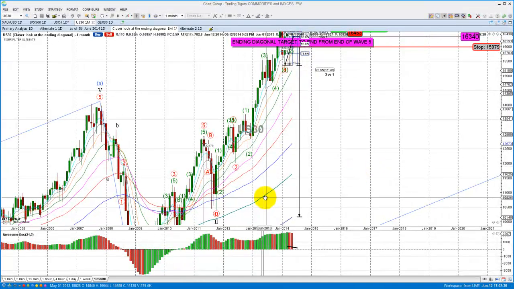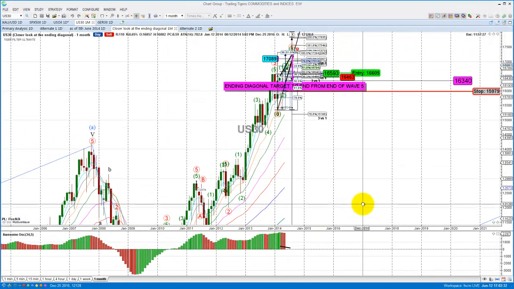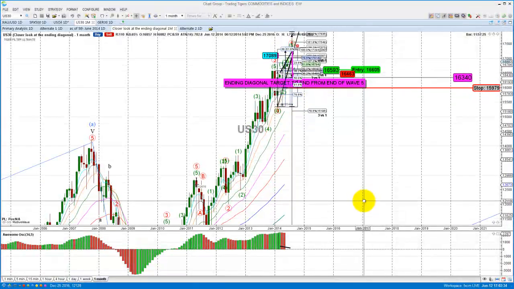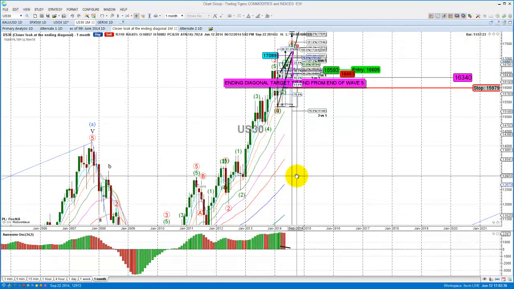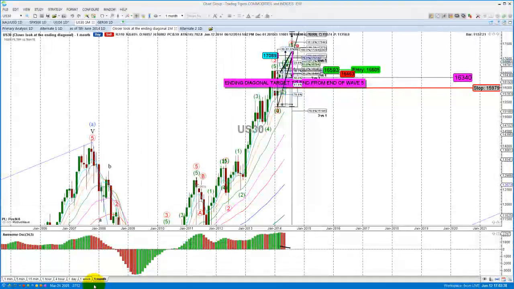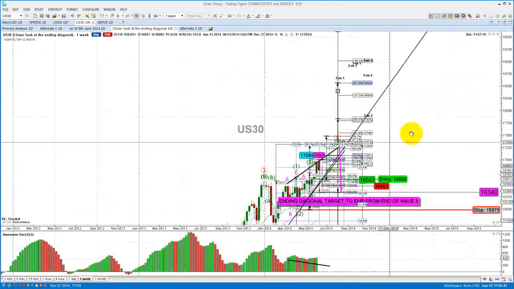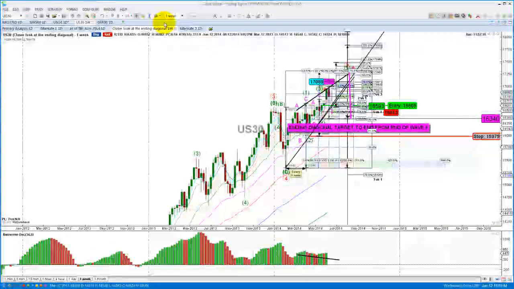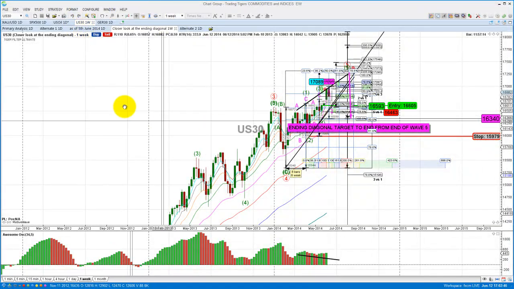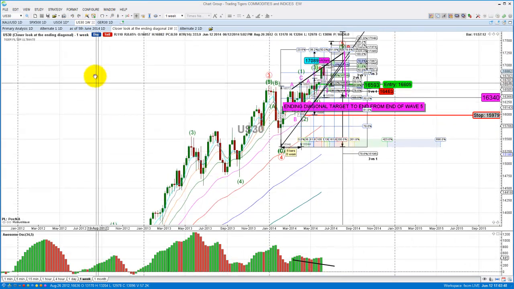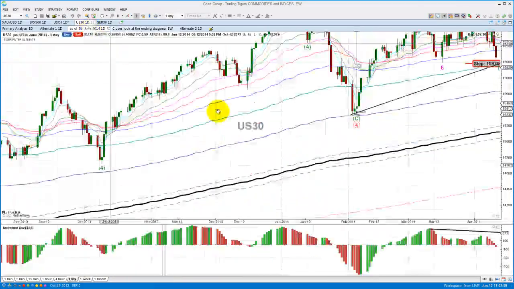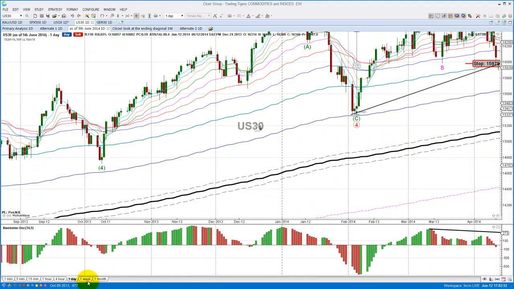Breaking that down, we're in a wave 5, I believe, a wave 5 of a primary degree, which is red and in circles. I'll have to take it down to the weekly. Can you see it? I'll have to move it over here. That's probably easier for you to see.